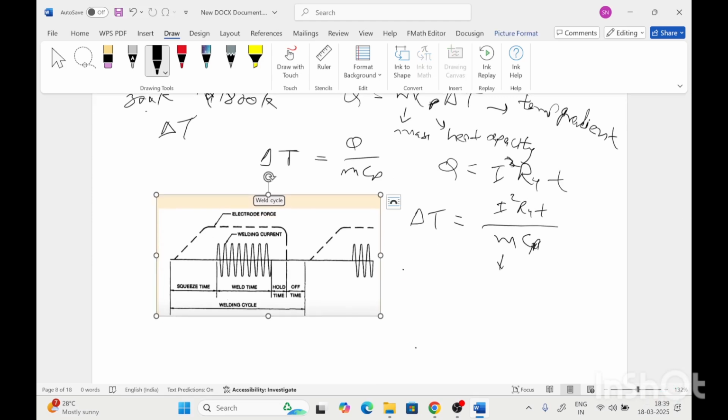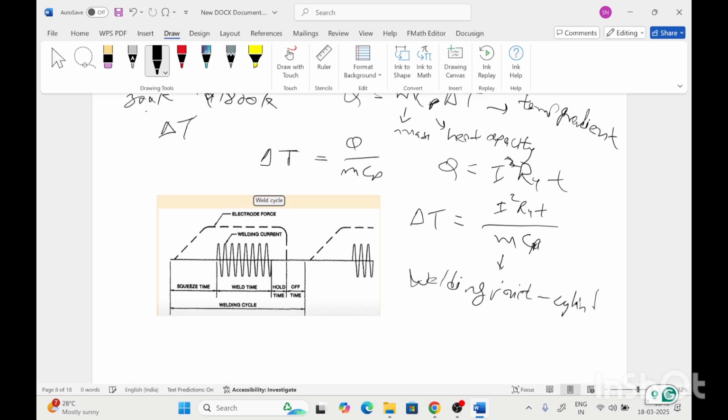Generally the welding joint is formed in a cylindrical shape, so the volume is pi r square h, where h is the thickness of the two plates and r is the contact area radius between the electrode and workpiece.